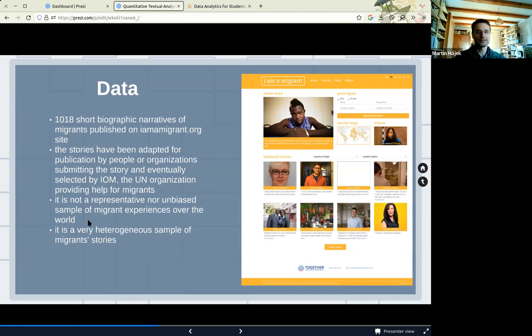There is a bias introduced by people who selected and edited these stories, and also it's not representative because some migrants have a bigger chance to be published than other migrants. Those that were never in contact with the International Organization for Migration have less chance to be included.